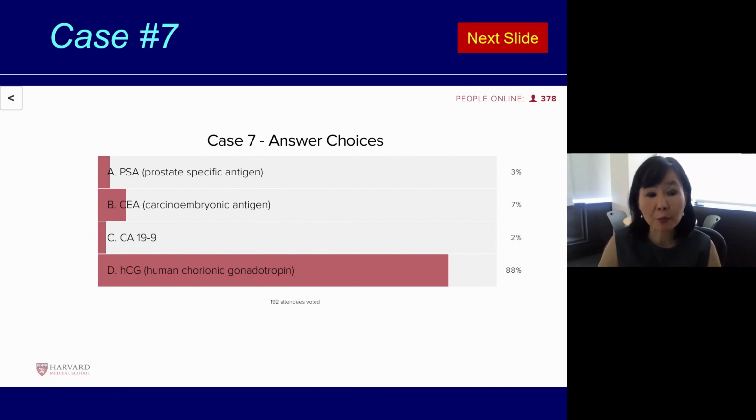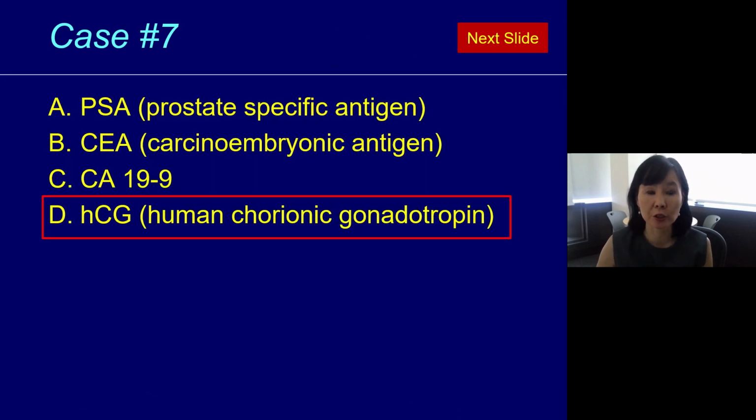Okay, so the most common choice was HCG, with CEA being the second most common one. And the correct answer is HCG.